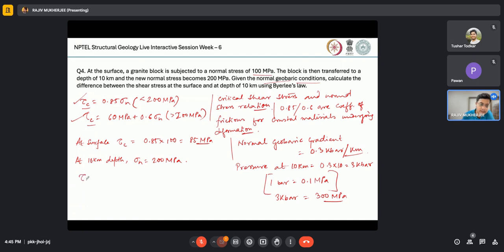Therefore, tau c prime will be 60 plus 0.6 into 200. So this will be 120 plus 60, which is 180 megapascal.